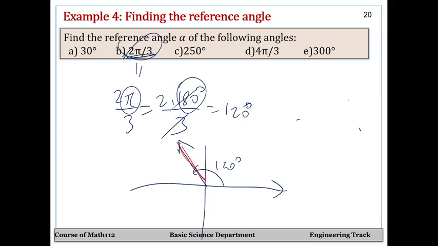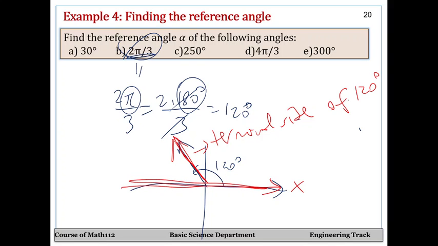Okay, this is the terminal side of 120 degrees. This is the x-axis. Now, what is the acute angle formed by the x-axis and the terminal side of 120? It will be this acute angle.